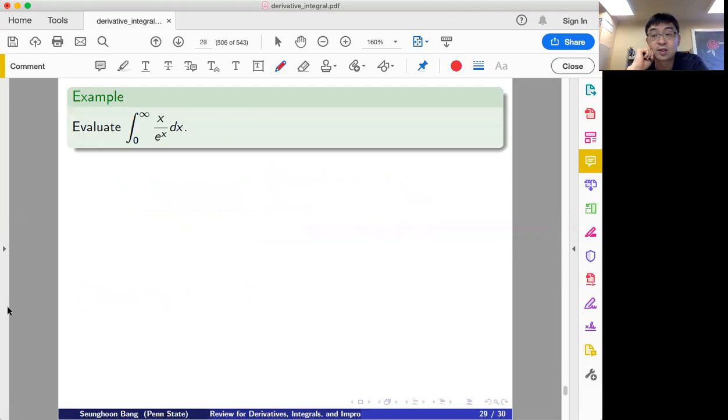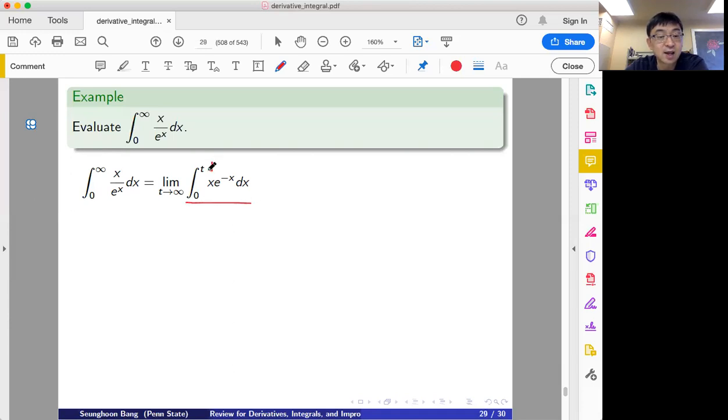So we think about this problem. It's type 1. How can you solve it? Here, you change it to a limit: the integral from 0 to t of x times e to the minus x, as t approaches positive infinity. How can you solve this problem?